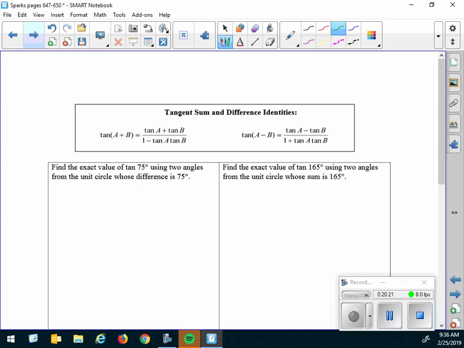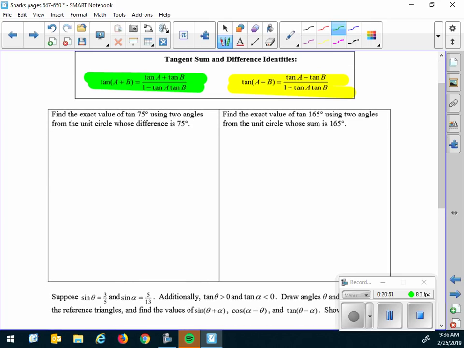Next page. Tangent. Now the tangent formulas are just a little bit different. Learn them. Tangent with a sum is tangent A plus tangent B over 1 minus tangent A times tangent B. And with a minus, tangent A minus tangent B over 1 plus tangent A times tangent B. Okay, find the exact value of tangent 75 degrees using two angles from the unit circle whose difference is 75 degrees.